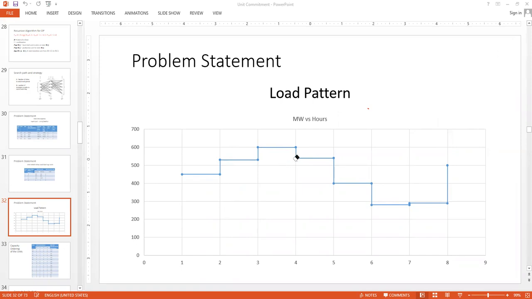Hour number 4, it drops back to probably 540 or 50, something like that. Hour number 5, the demand further drops to 400. Hour number 6, it drops to less than 300. Hour number 7, there is a slight jump, so it is very near to 300. And hour number 8, there is a further jump and the demand rises to 500 megawatt. So this is an 8-hour problem.